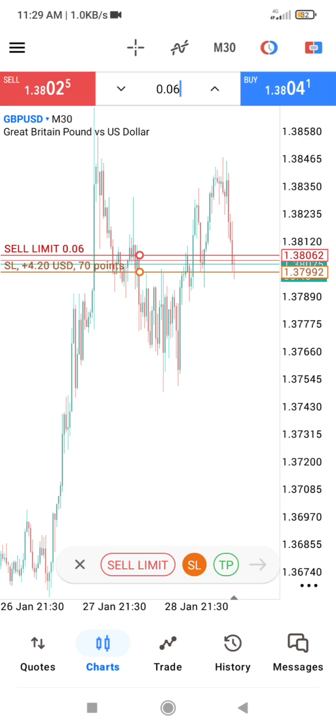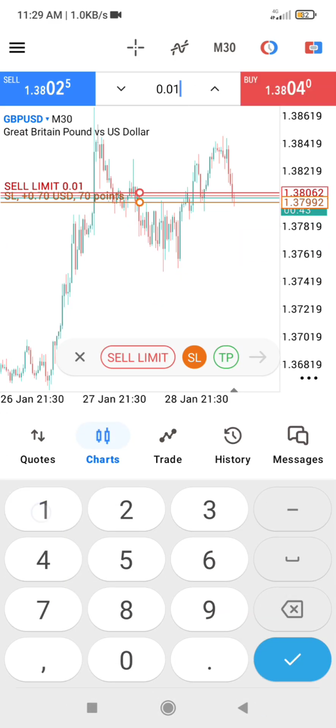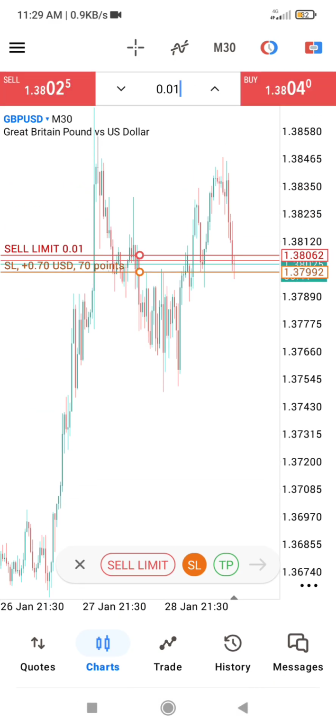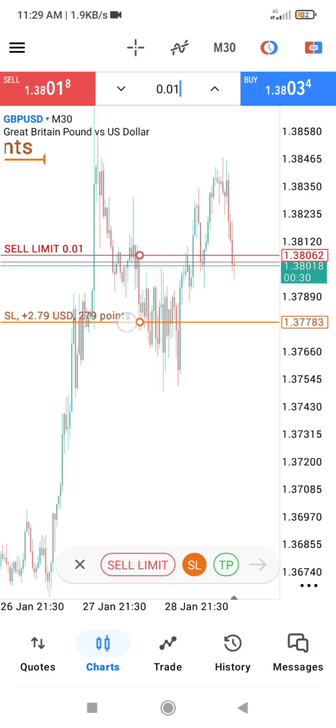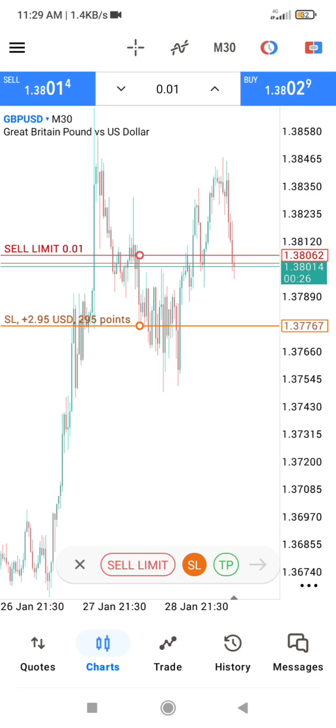So the appropriate one for you will be 0.01. You can see now that if market moves to the same position, it's only 0.7 US dollars that will be deducted. So the market can even come as far as this point before it will drain your $3. So it's reasonable to open 0.01.